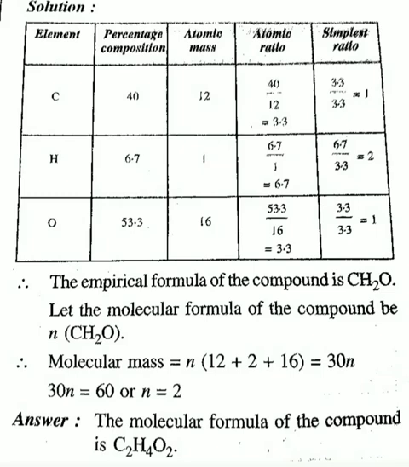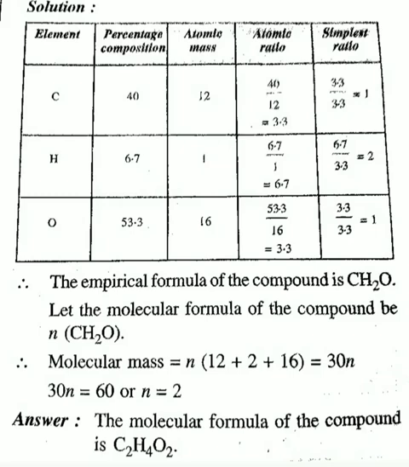See here, the formula of the compound CH2O: carbon equal to 12, hydrogen equal to 2 because 1 into 2, and oxygen equal to 16. 16 plus 2 is 18, and plus 12, that equals 30. Understood? That is the molecular mass of the empirical formula, that you have to get, 30.